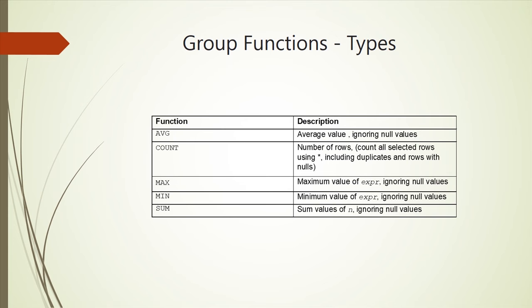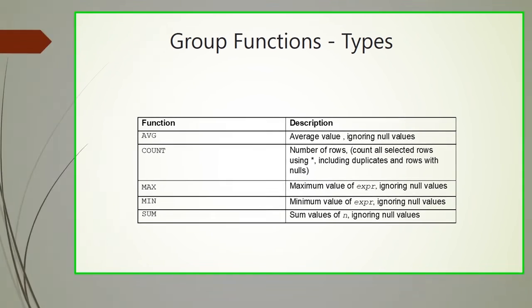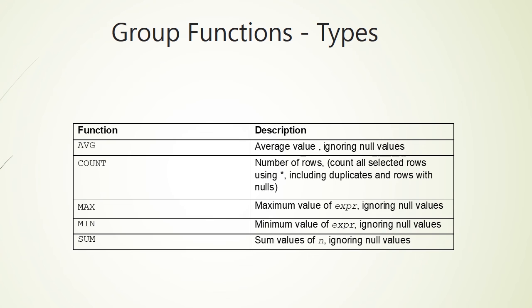Here in this lesson we are going to learn how to use 5 group functions: average, count, max, min, and sum. Average returns the average value. Count function returns the number of rows. Maximum returns the maximum value. Minimum function returns the minimum value.